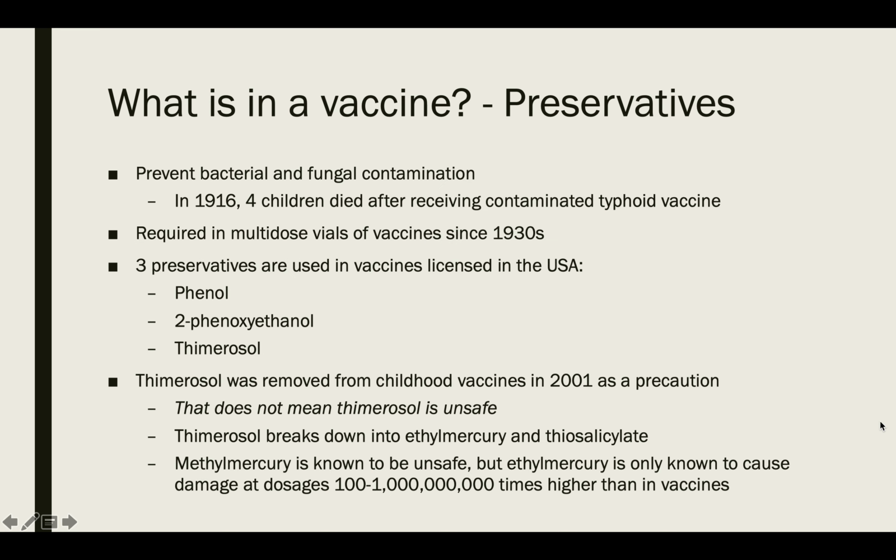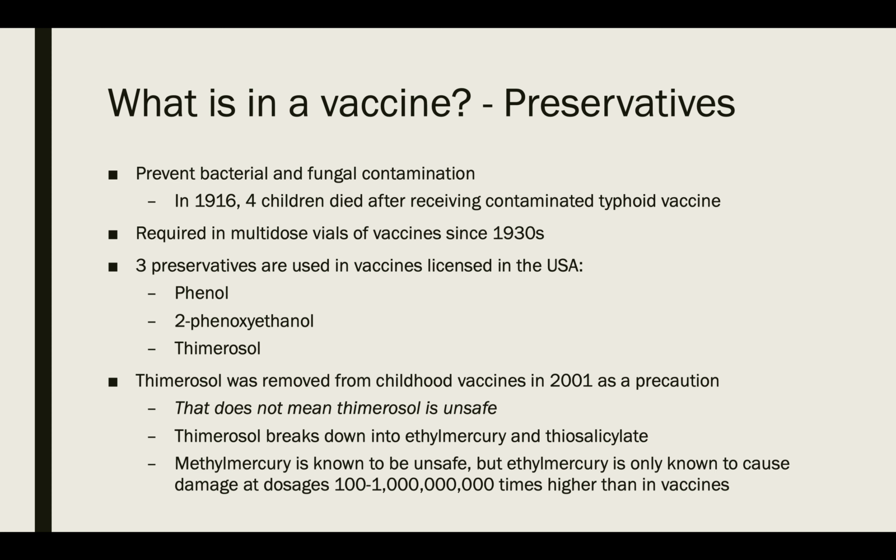There are 3 preservatives that are used in vaccines in the United States. Phenol, 2-phenoxyethanol, sorry, I can look at these and just not pronounce them. And then thimerosal. You've probably heard of thimerosal because it's the most controversial one.